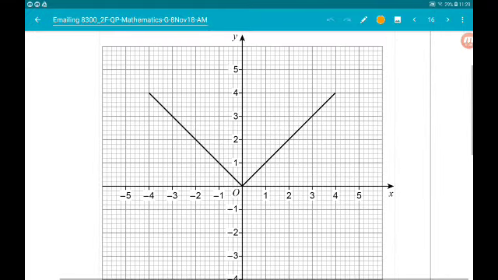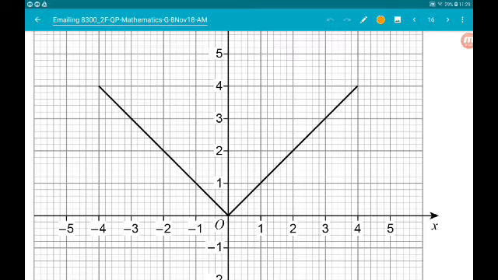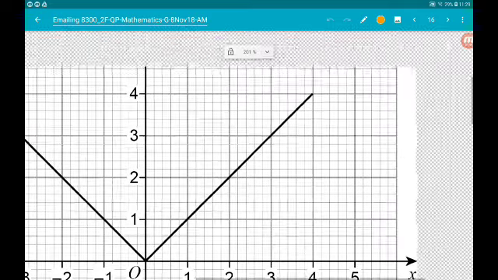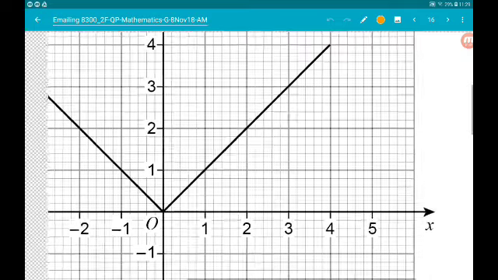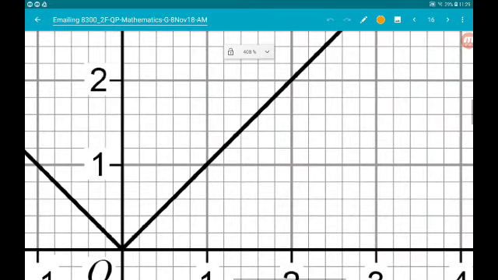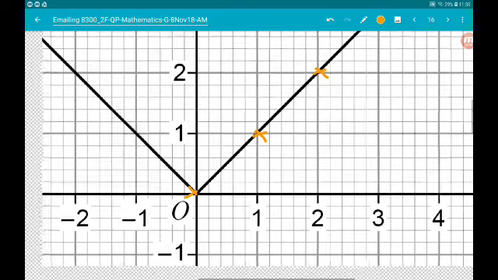Okay, so first up, it looks completely wrong. The bit on the right is good-ish. Anyway, there is still a problem with it. But his coordinates are right. We got 1, 1, 2, 2, 0, 0, for example. So on the line y equals x, the y and x coordinates are equal.